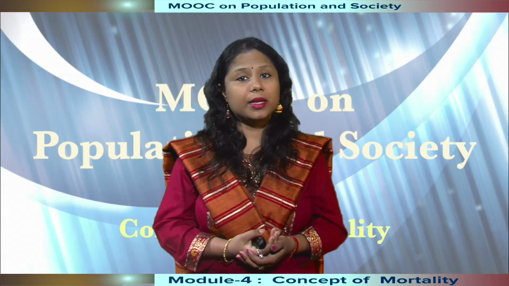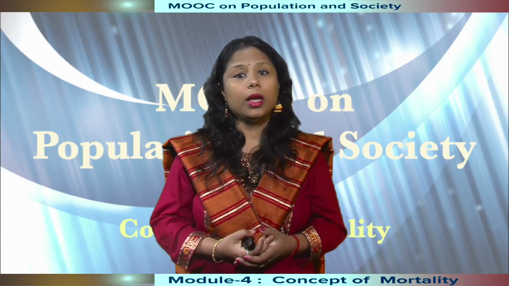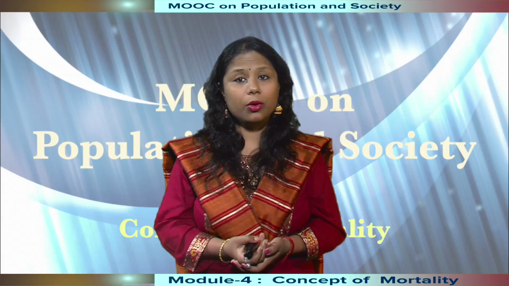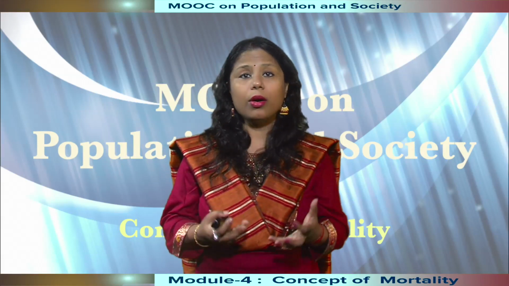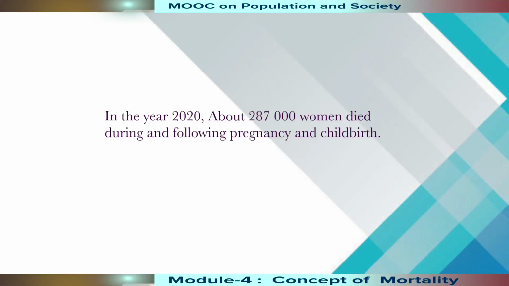The figure of maternal mortality is very high globally, but more so in the context of middle and lower income countries. According to WHO, in the year 2020, about 287,000 women died during and following pregnancy and childbirth.